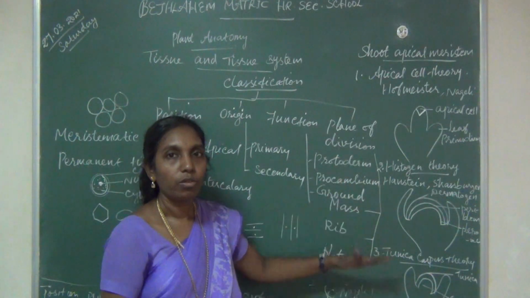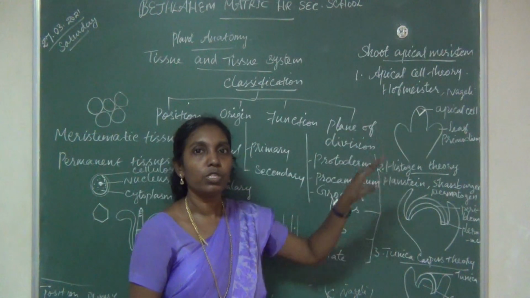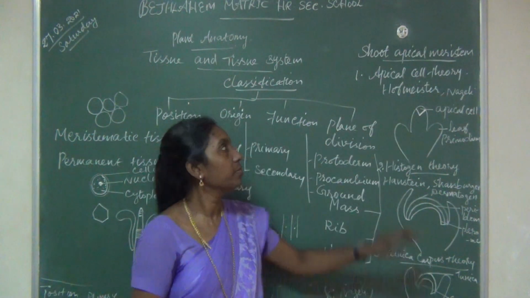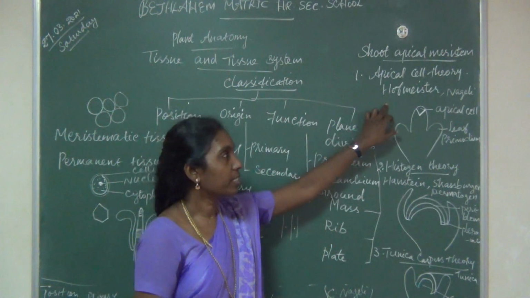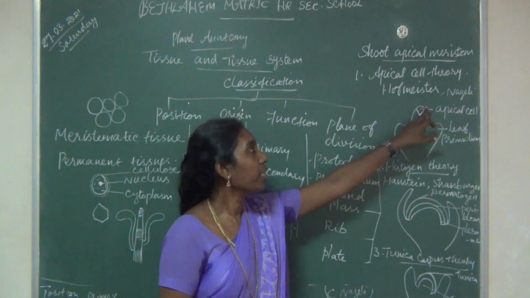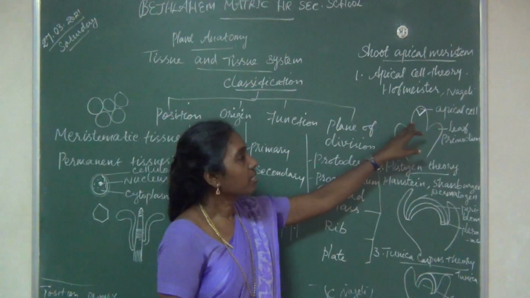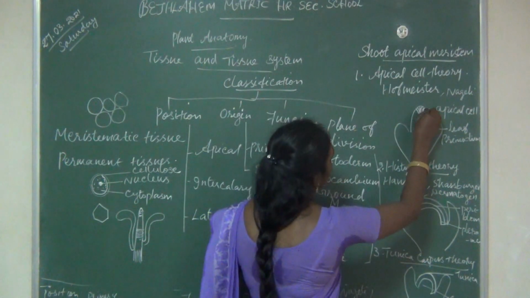Let us see one by one. Apical cell theory was proposed by Hofmeister and supported by Nagel. This theory states that there is an apical cell. Here is the apical cell.